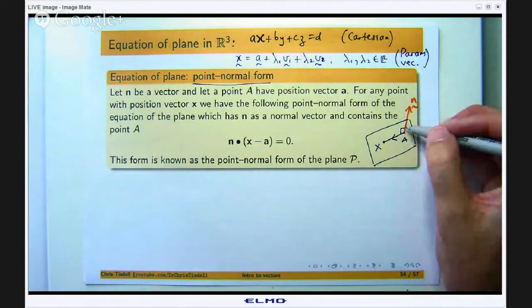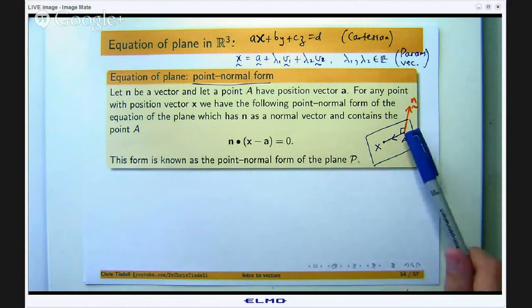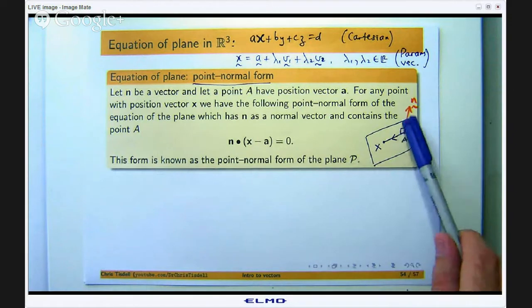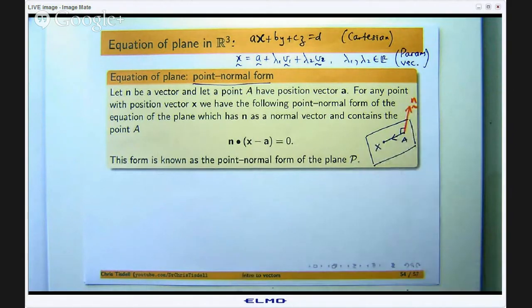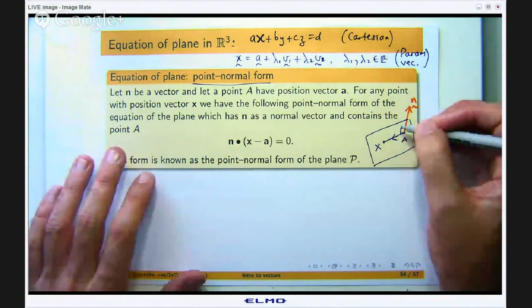So that angle is like 90 degrees or pi on 2 radians. Okay, now when we discuss the dot product, we know that two vectors are orthogonal, perpendicular, or normal to each other when the dot product of the two vectors is 0.